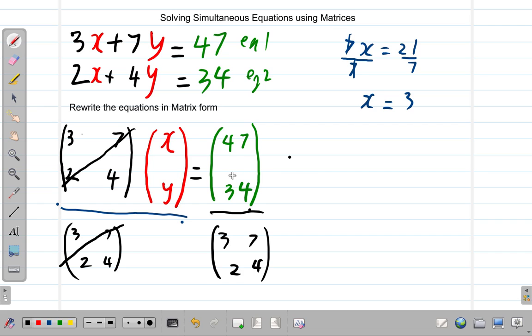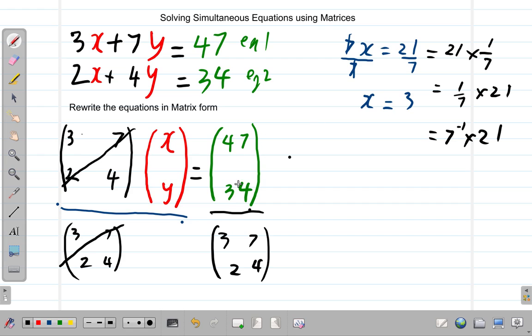Now, being that this is what you have, let's go back to this example. When you have 21 divided by 7, it's the same thing as saying 21 multiplied by 1/7. You see that? Same thing as saying 1/7 times 21. Now this is the same as the inverse of 7 times 21. You see that?